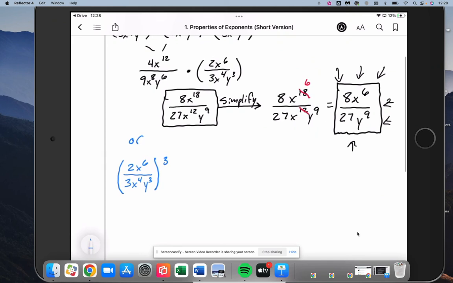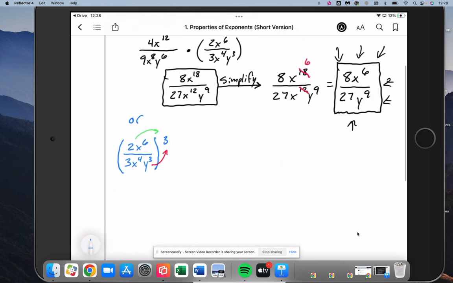And so what we can do is similar to what we've done in the past. We can take all of this and raise it to the power of 3, and take all of this and raise it to the power of 3, all in one movement, and recognize that 2 times 2 times 2 is 8. X to the 6th to the power of 3, that means we would have 3 x to the 6ths, so 6 three times is 18.